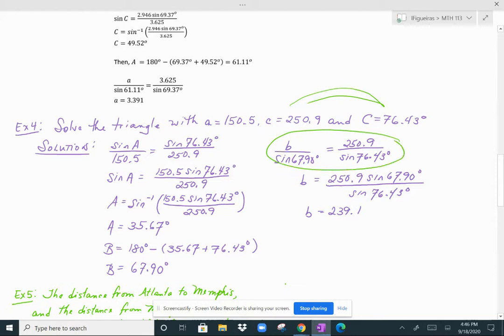So you have B over the sine of 67.90 equals 250.9 over the sine of 76.43. So cross multiply. In other words, get the sine of 67.90 over to the right, and you have that B is equal to this fraction. Enter that into a calculator in degree mode, and your B is 239.9 units.